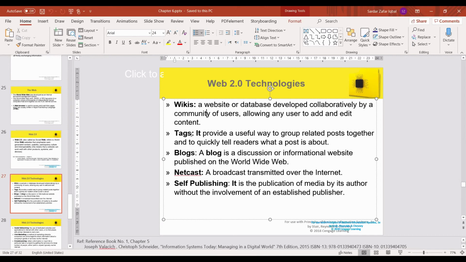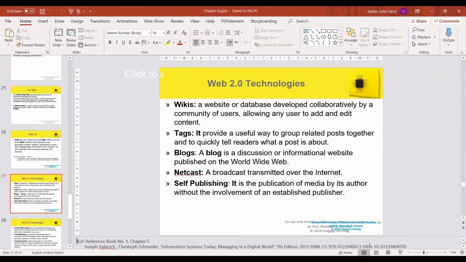The other thing is tags. Are you familiar with tags? They are a useful way to group related posts together and quickly tell readers what a post is about.